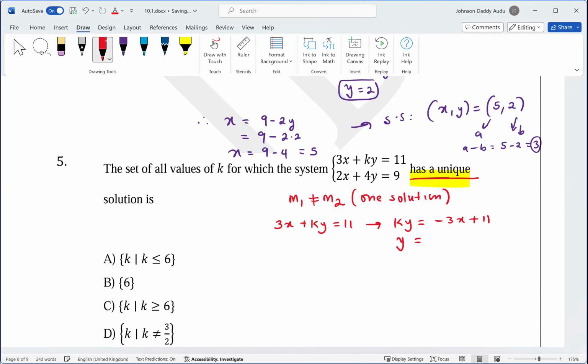So y is minus 3 over k x plus 11 over k. So this is your first equation. And this means that M1 is minus 3 over k, and B1 is 11 over k.